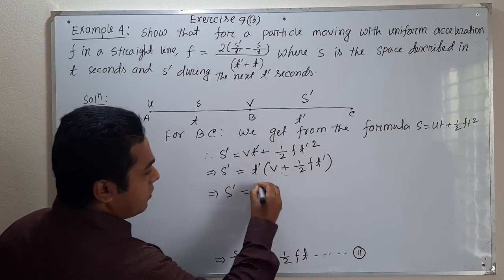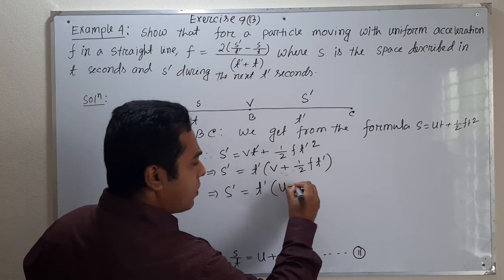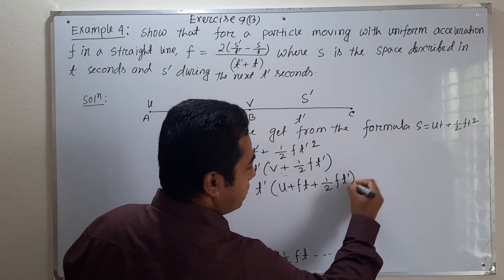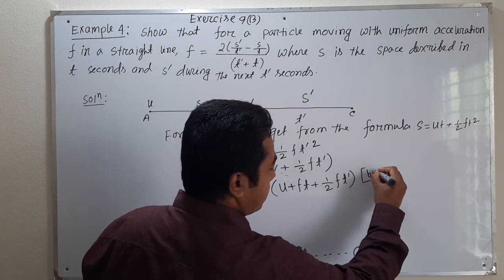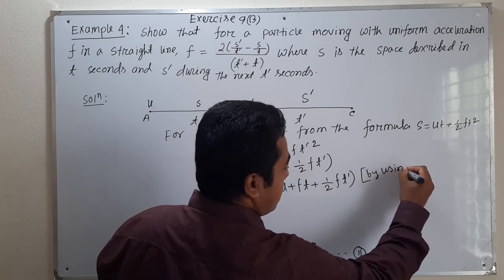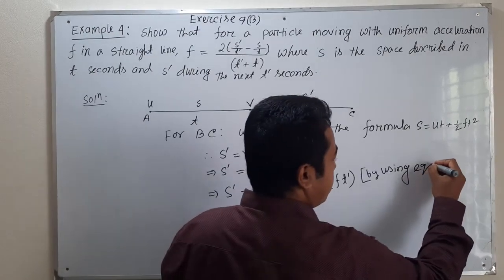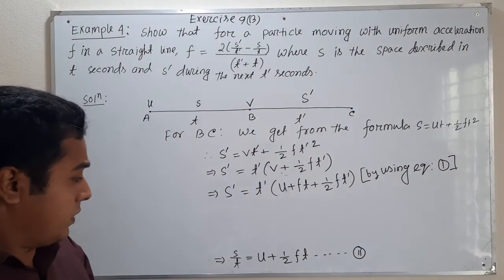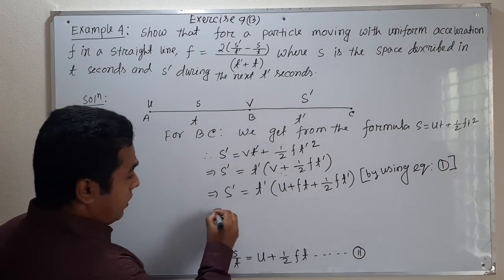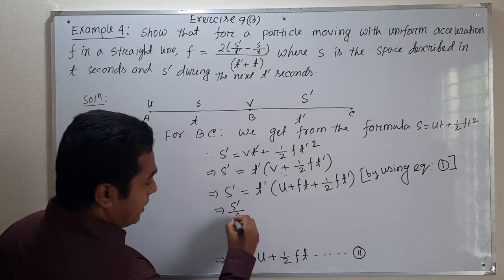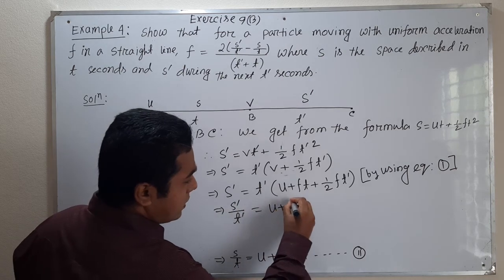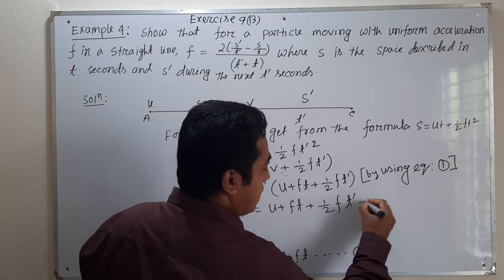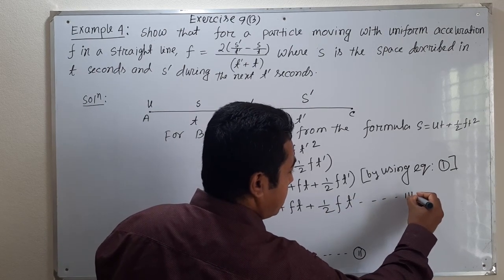Then s prime divided by t prime is equal to u plus ft plus half of f t prime. This is equation number 3.